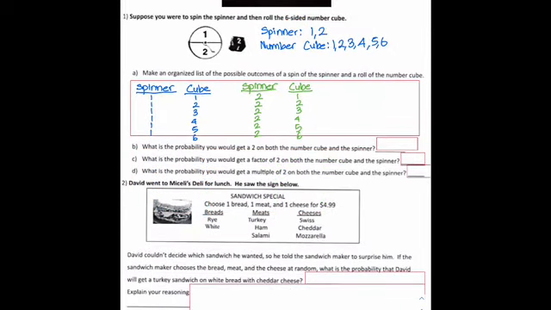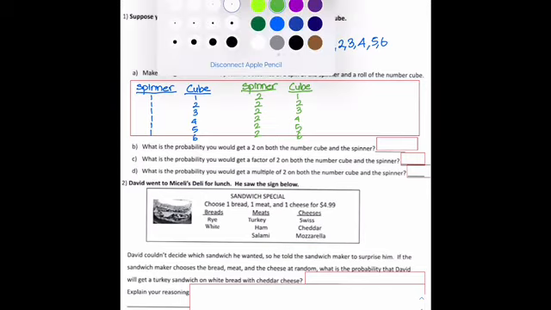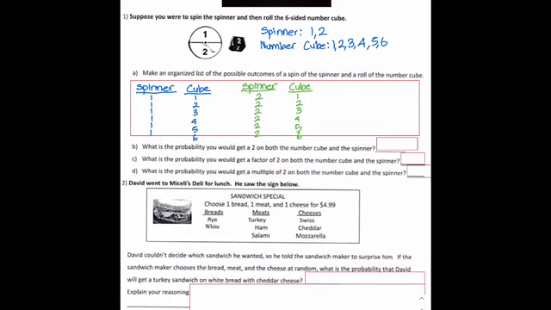Let's list all possible outcomes now. So we have, let's change the color, 1, 1; 1, 2; 1, 3; 1, 4; 1, 5; 1, 6; 2, 1; 2, 2; 2, 3; 2, 4; 2, 5; and 2, 6.